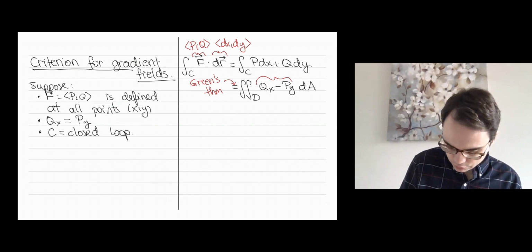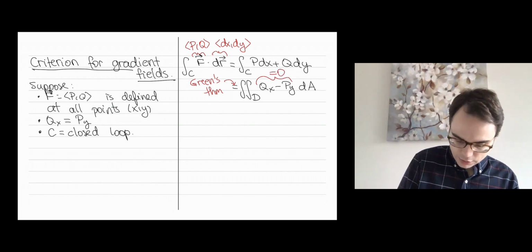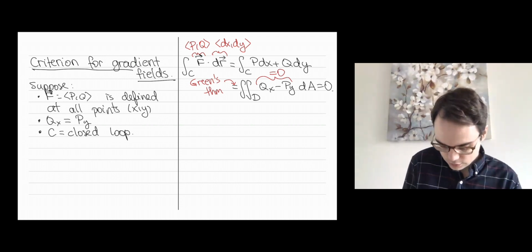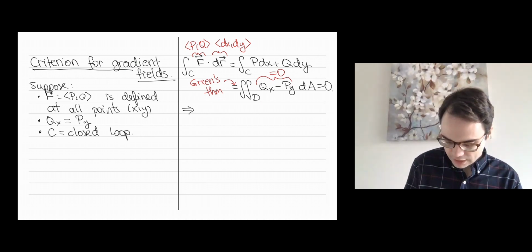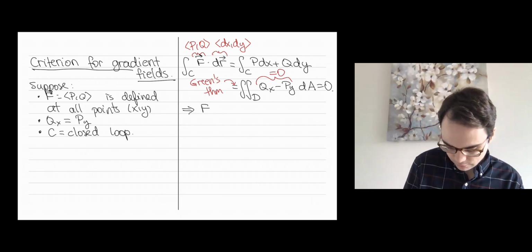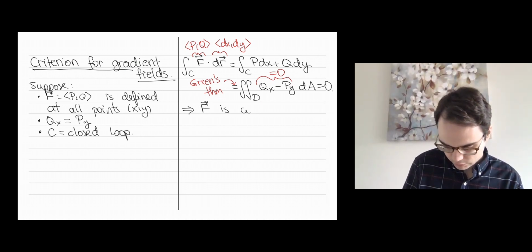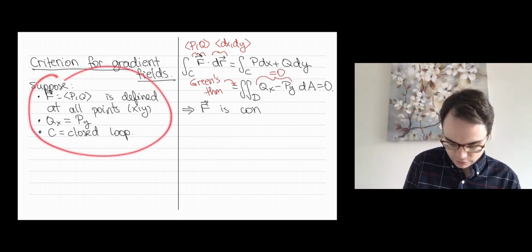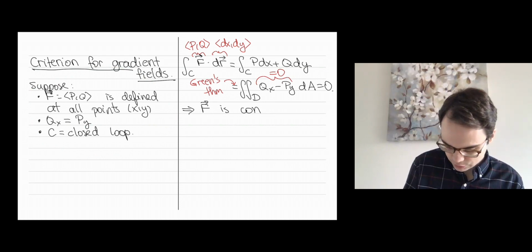And so this double integral is 0. So this tells me that F is conservative, right? Green's theorem tells me that F is conservative under these assumptions.